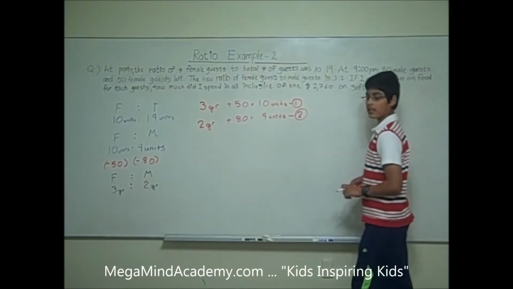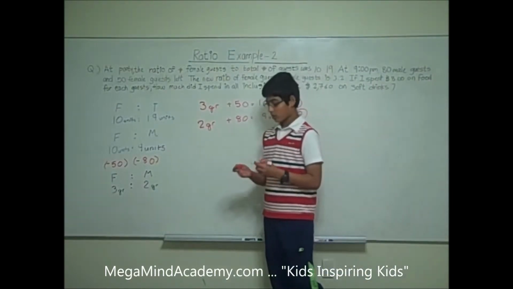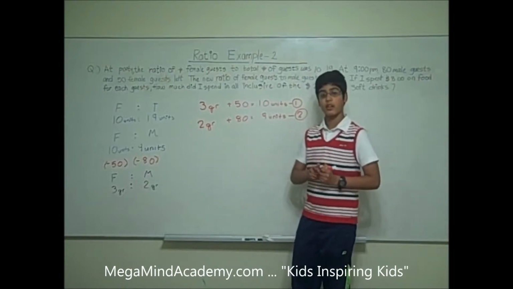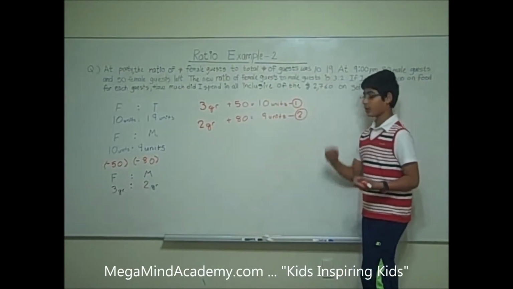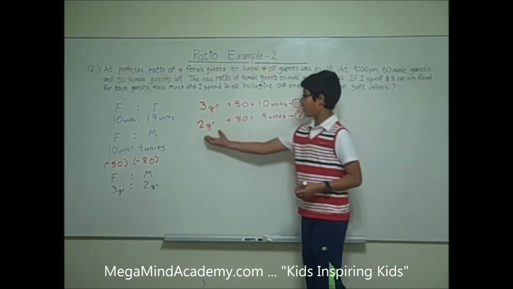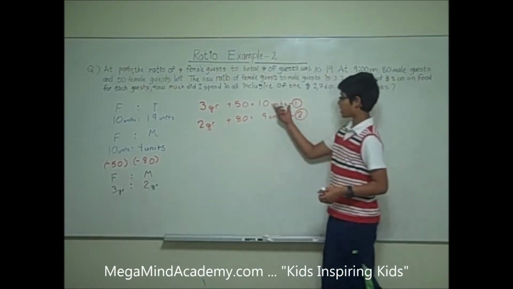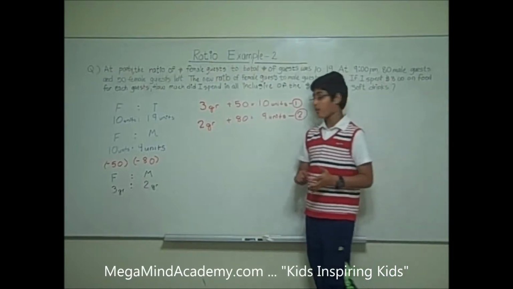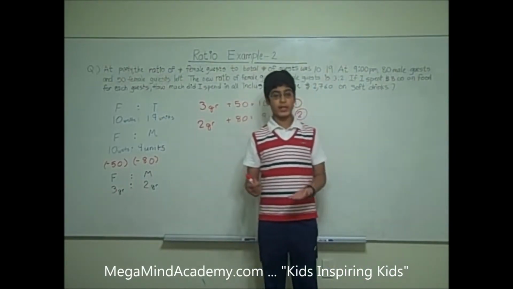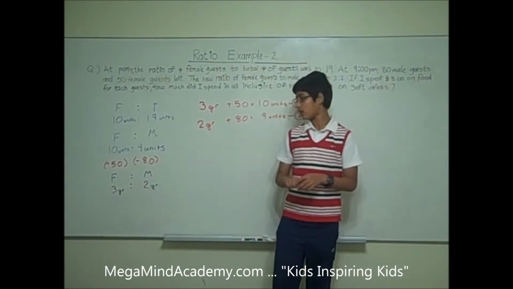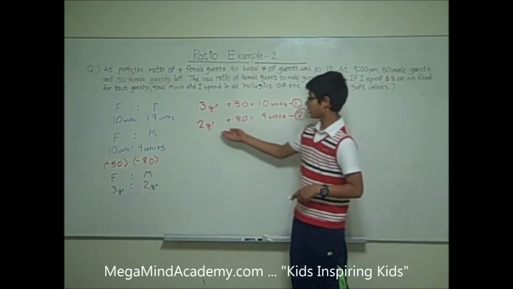Now, we have two common variables in both these equations, 1 and 2. They are GR and units. Now, to find the value of one of these variables, you have to get rid of the other variable. Let's get rid of GR.